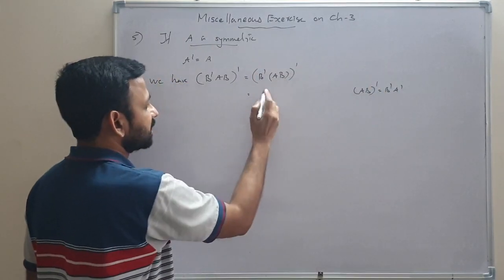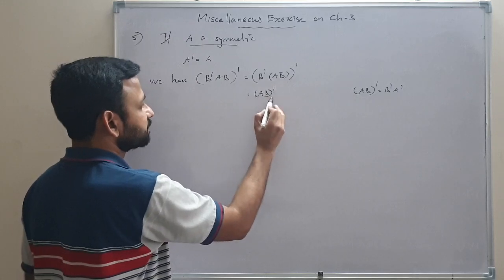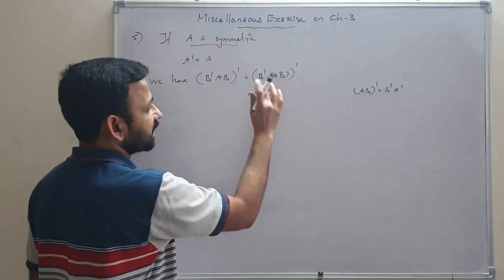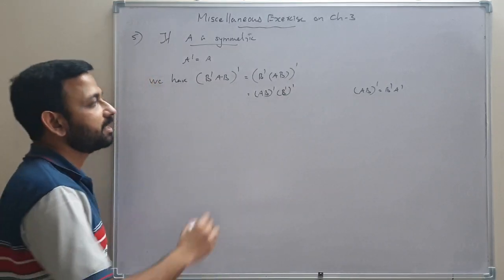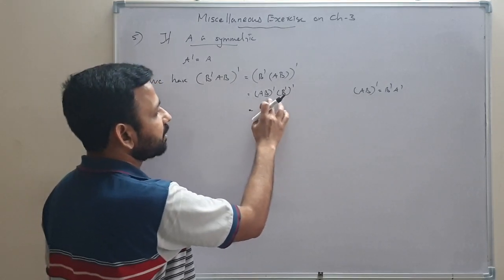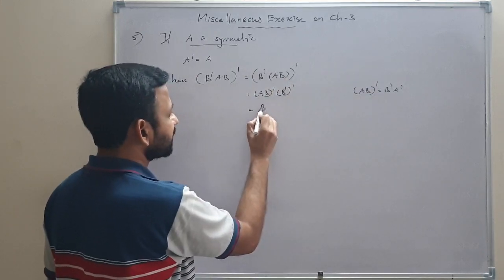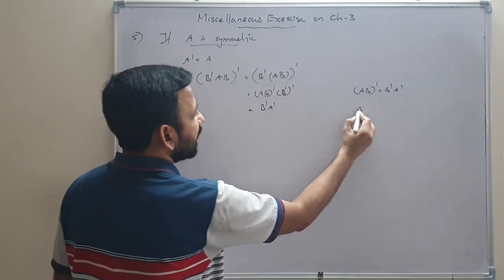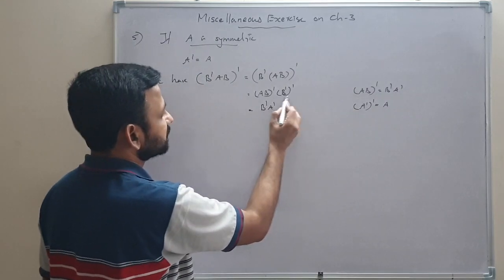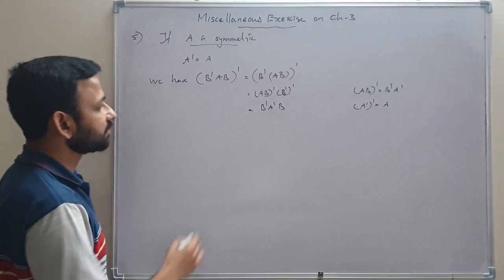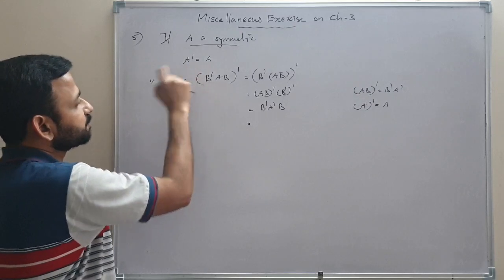So second matrix transpose, that is (AB) all transpose, into first matrix transpose, that is (B transpose) all transpose. Again (AB) all transpose is B transpose into A transpose, and (A transpose) all transpose is A. So that is B. And here A transpose is A.